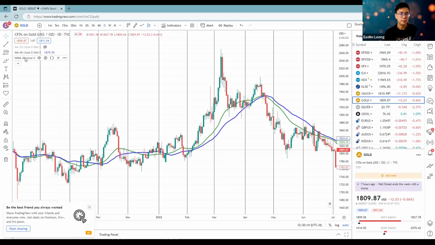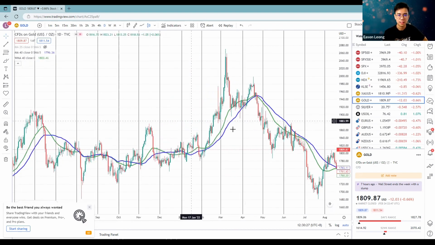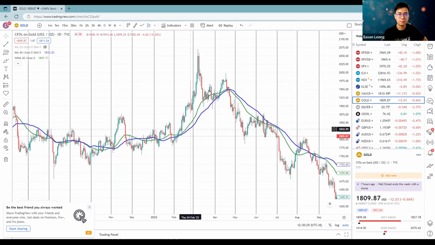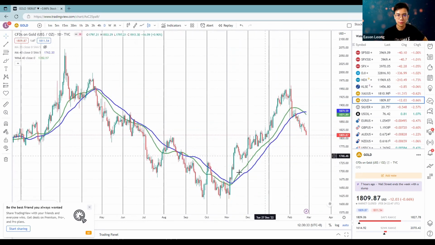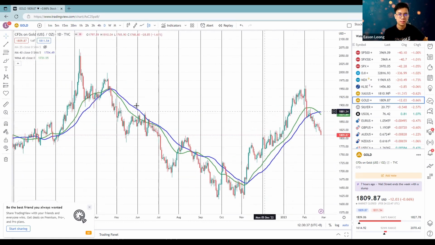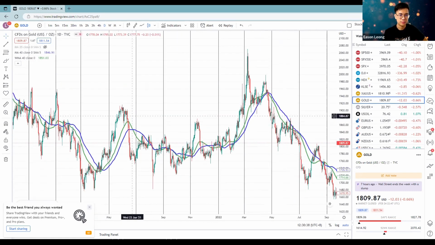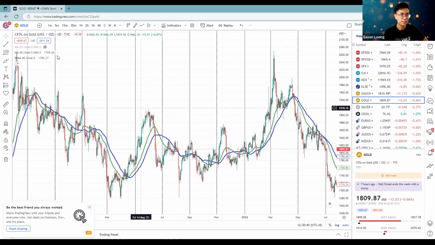But because this moving average is weighted, it pulls more toward the existing price, hence the signal is much faster. You can see it is always either above the blue line or below the blue line. It is more like a straight line, straight up and then straight down, right? It's very beautiful.